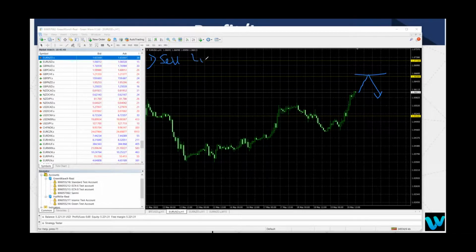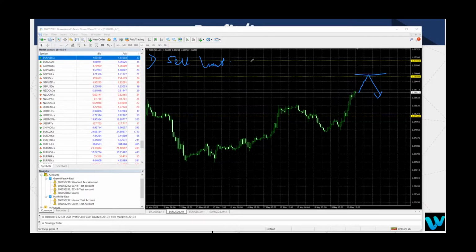Okay, the name for this one is what we call sell limit. That means we want to sell at a price that is lower than current market price. So I want to sell. Okay, sorry. The example I gave is I want to sell at a price that is higher. Okay, so that is sell limit.